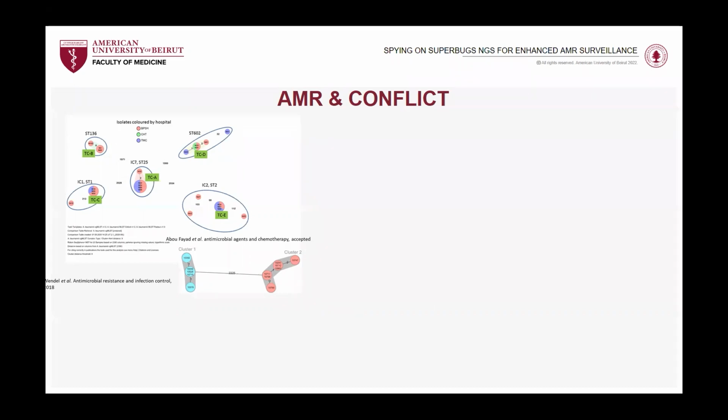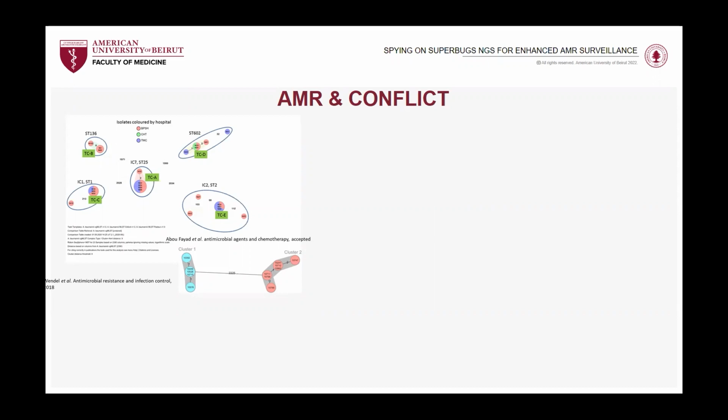But when you look at the ones from Libya, it's a fiasco. You cannot tell which hospital is what. Every single clone is located in the 3 hospitals, and the 3 hospitals are quite far apart. They're not in the same city. There are some in Benghazi and some in Tripoli.